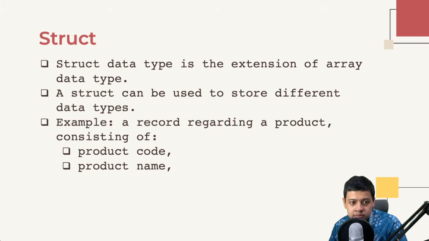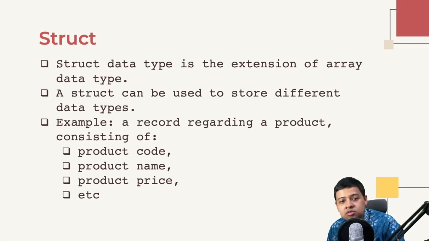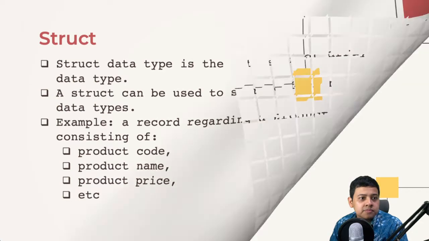Product name most likely will be string, and product price most likely will be integer, and etc. So in struct data type, you can store all of this value in one variable. So that's the beauty of struct.